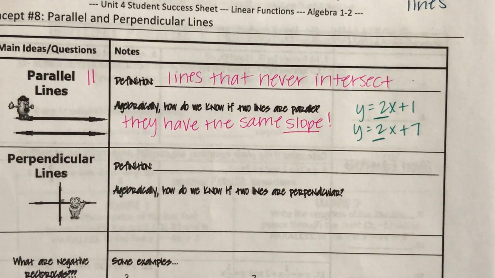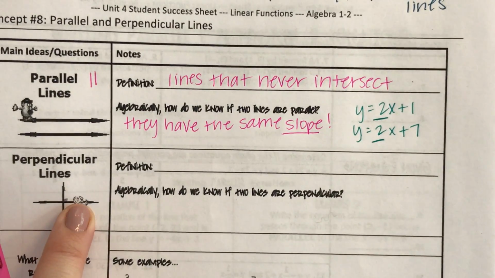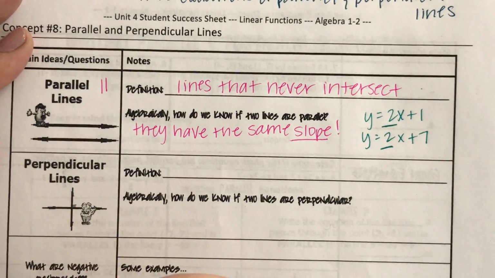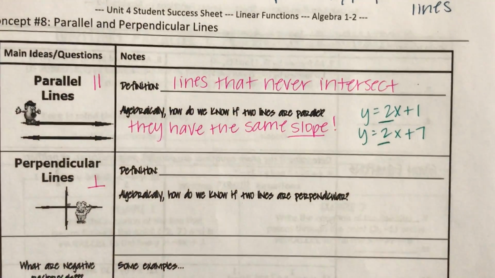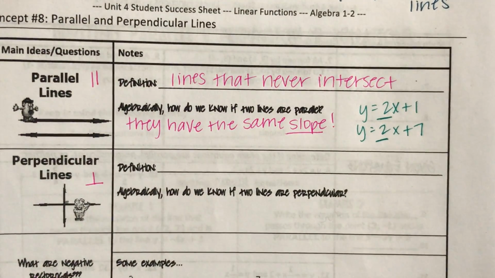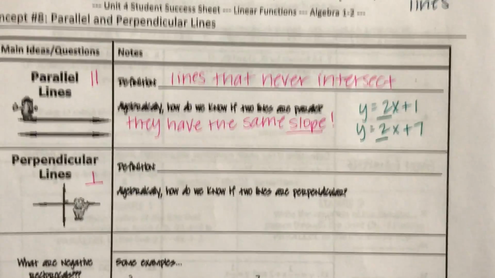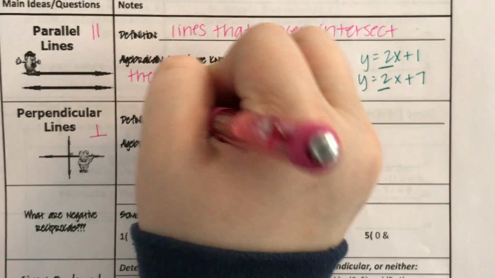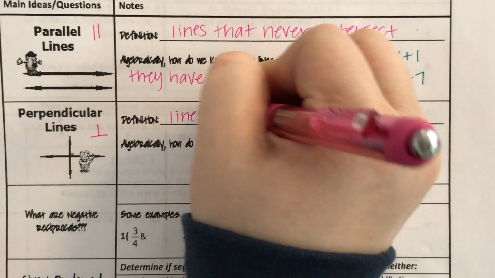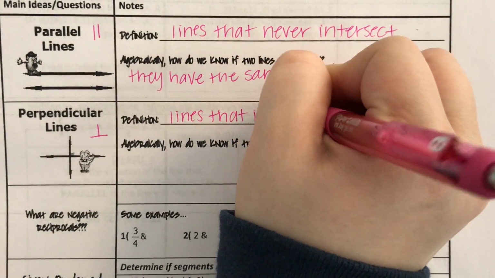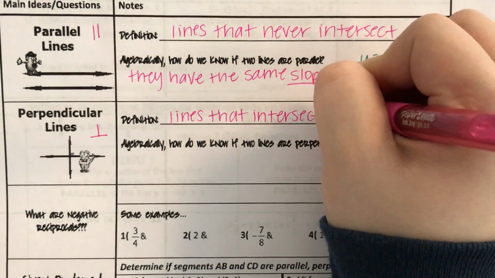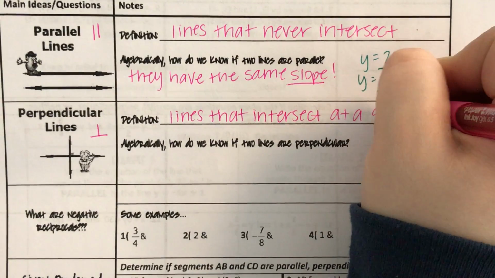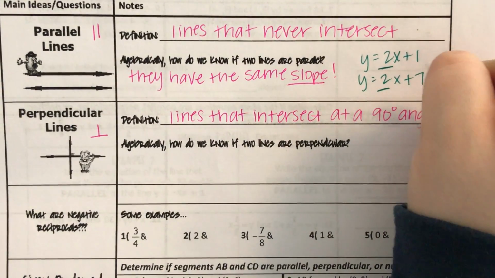Okay? Now, perpendicular lines. The symbol for perpendicular is like an upside down capital T. That means perpendicular. Okay? And the definition for perpendicular lines is lines that intersect at a 90-degree angle. Lines that intersect at a right angle.